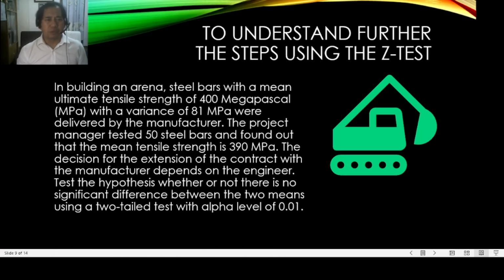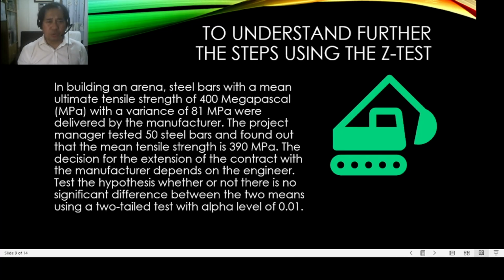It says in building an arena, meaning the dome, or shall we say the Philippine Arena, steel bars with a mean ultimate tensile strength of 400 megapascal with a variance of 81 megapascal were delivered by the manufacturer. The manager tested 50 steel bars and found out that the mean tensile strength is 390 megapascal.